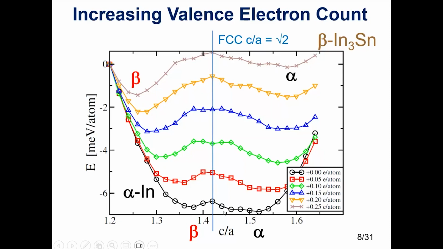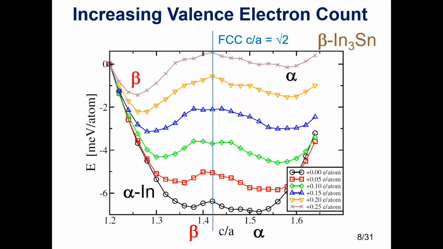And you notice for low valence electron count, the alpha state, that is the high C over A ratio, is favored, whereas at high valence electron count, the beta state with low C over A ratio is energetically favored.